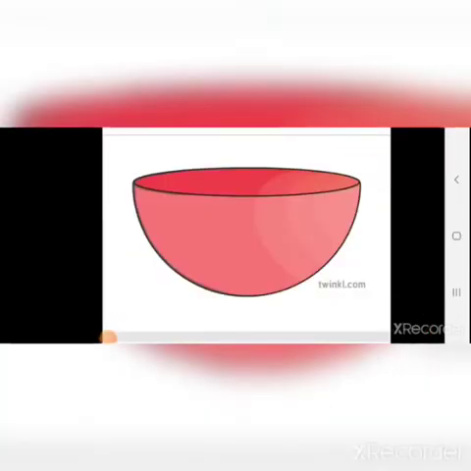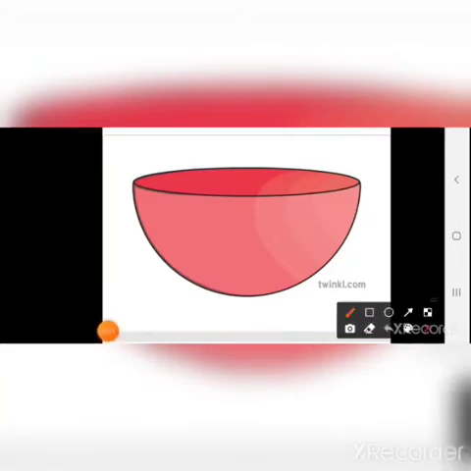When a sphere is cut at its diameter, you will get a hemisphere, as it is completely half. Let us have the formula for hemisphere. If you count only this part, it's the curved surface area of hemisphere, so that is 2 pi r square.